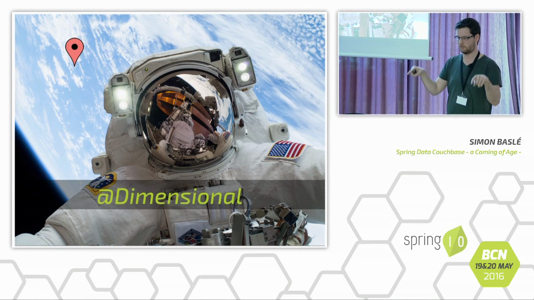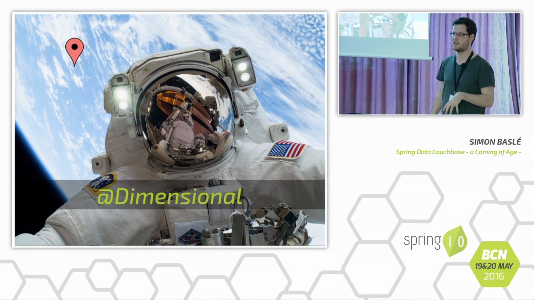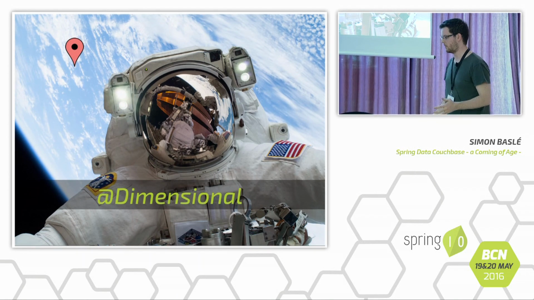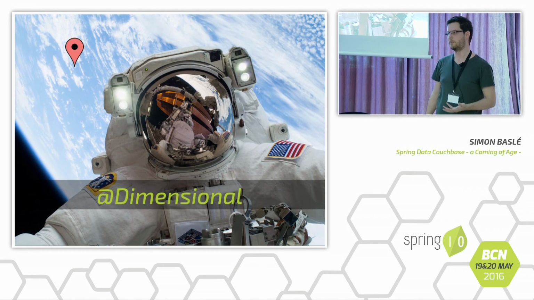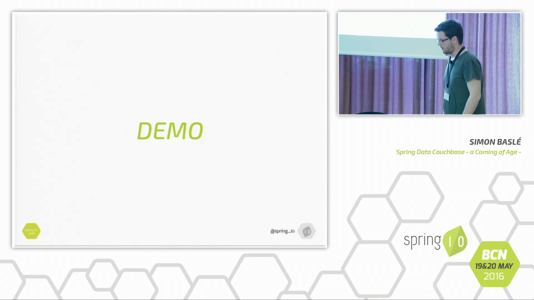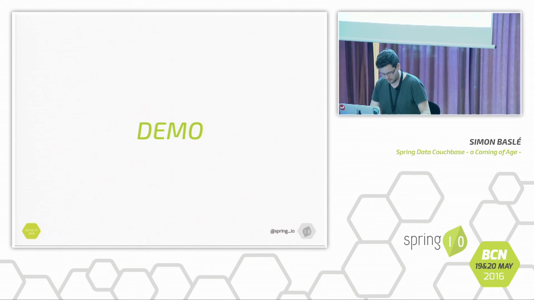We approximate to the rectangle that encloses the polygon, and then on the client side, it will eliminate the false positives. Couchbase only supports bounding boxes, but if it had to support polygons and circles, what it would do internally would be the same: approximate the bounding box and then remove false positives. Yeah, quick demo of that.